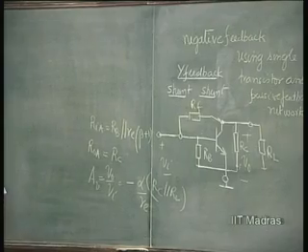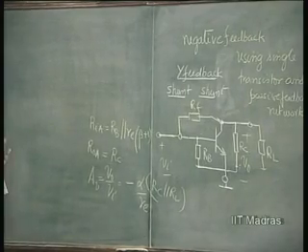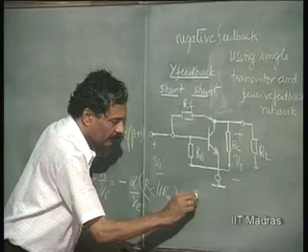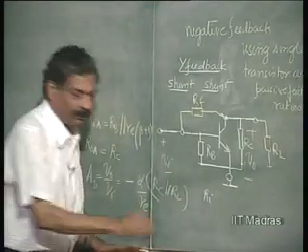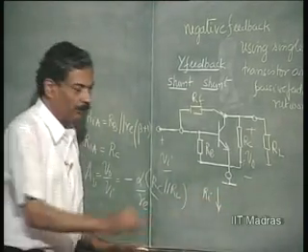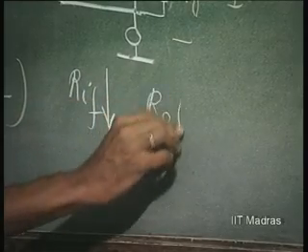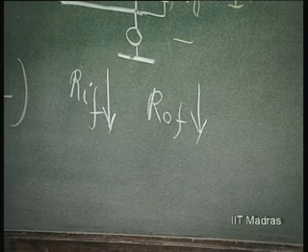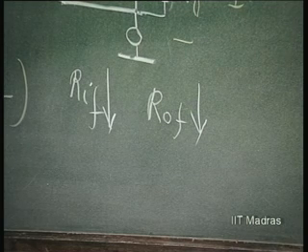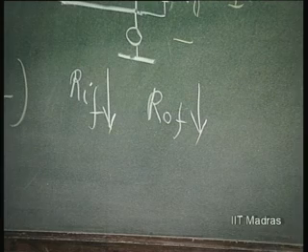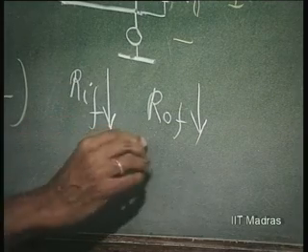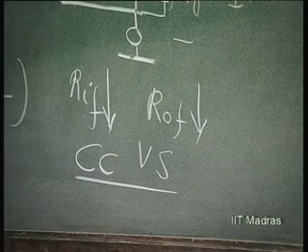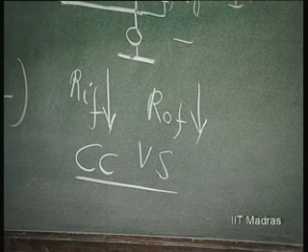Let us now conclude. If it is negative feedback, the input impedance should come down. Output impedance should come down, and it should become what? What is the ideal controlled source it will approach? Current controlled voltage source. It is therefore becoming an ideal current controlled voltage source. What is the parameter by which it can be represented?